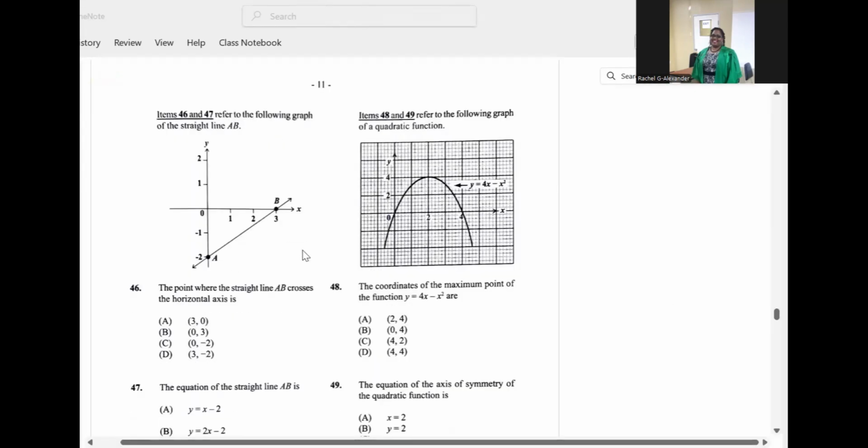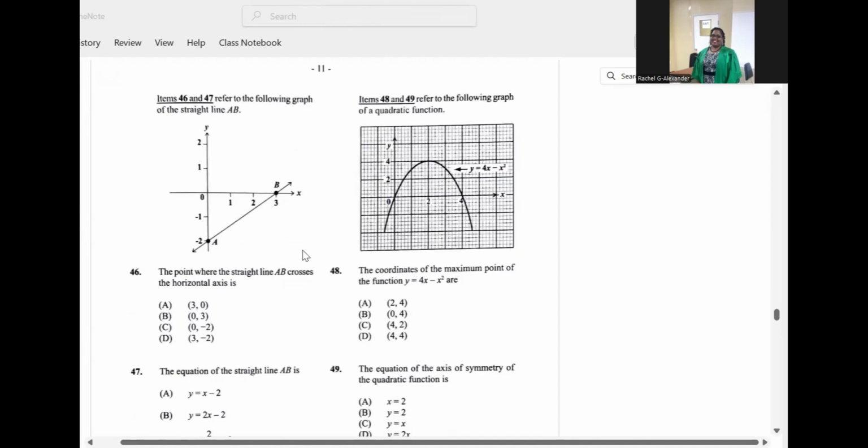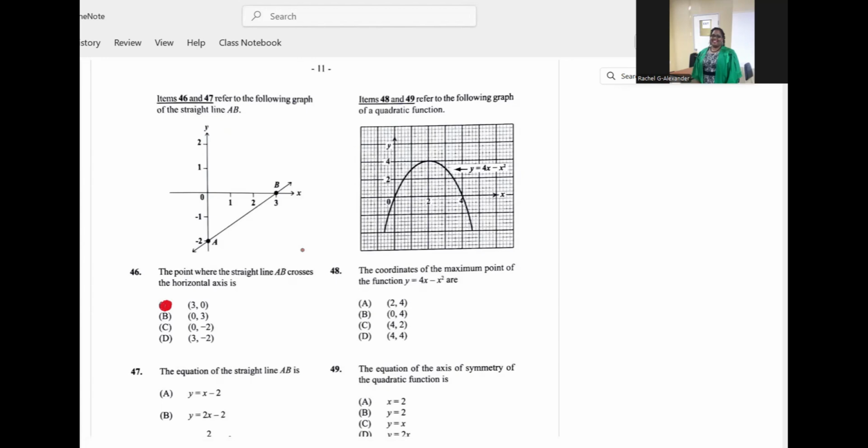The point where the straight line AB crosses the horizontal axis is, okay, so AB is crossing the horizontal axis at B, and this point is (3, 0). Remember, when the point is on the x-axis itself, this number will form the x coordinate, and then 0 will be the y.